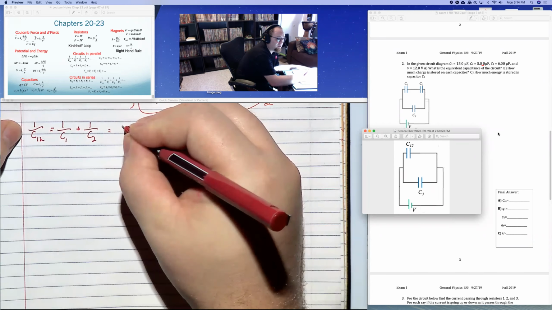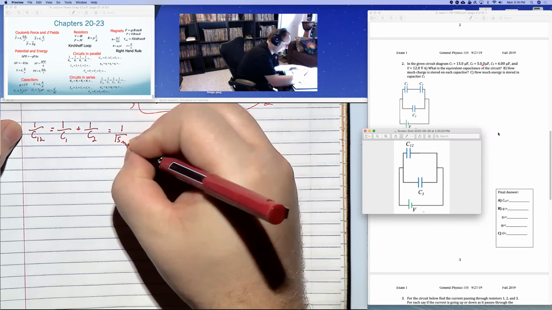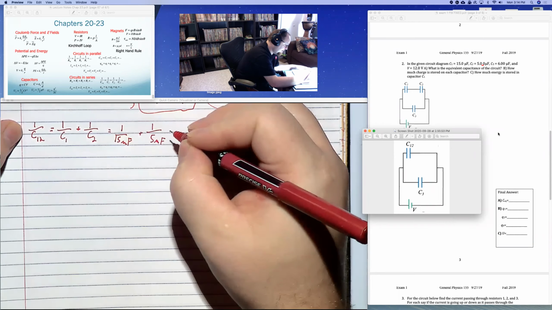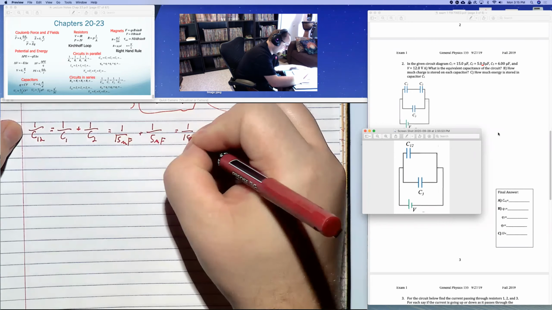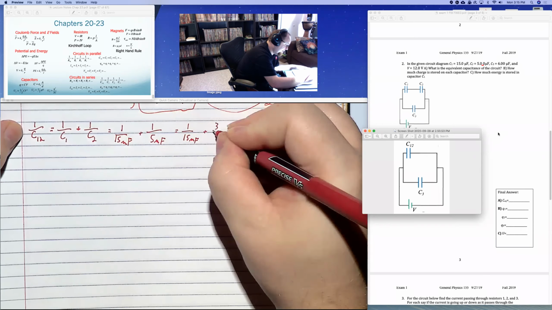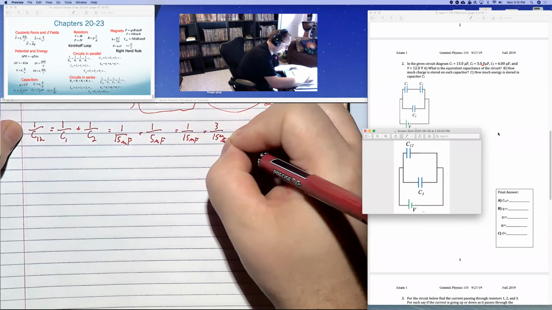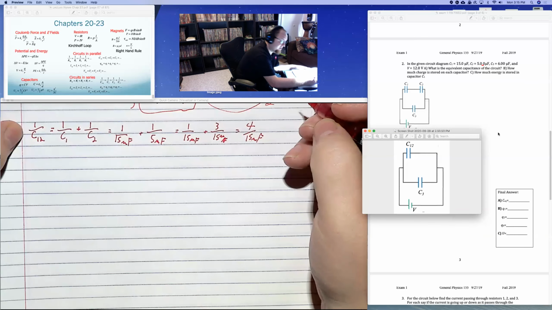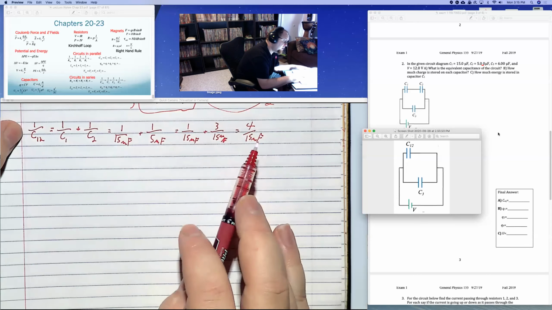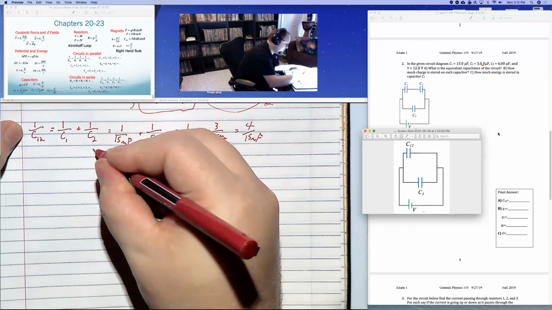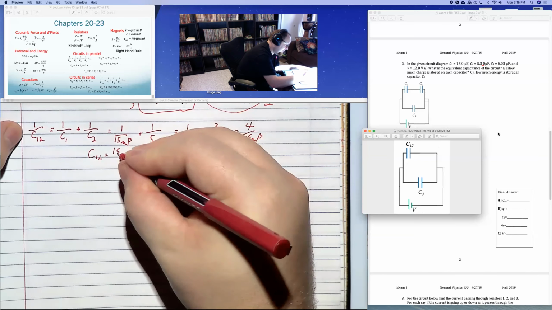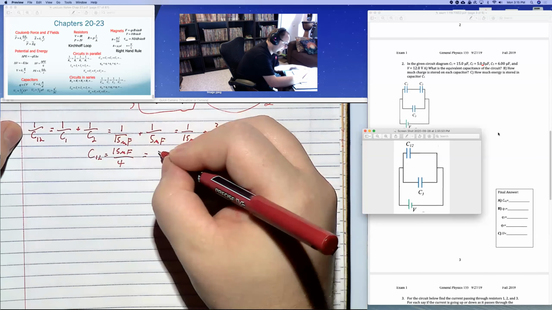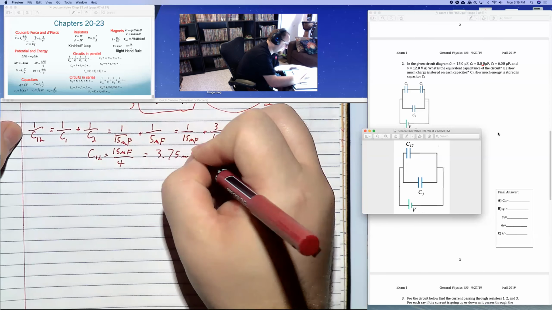It'll just be 1 over 15 microfarads plus 1 over 5 microfarads. 1 over 15. 1 over 5 is the same as 3 over 15, which is 4 over 15. Couldn't just make it to be a nice number, could I? But that's not C12, that's 1 over C12. So therefore C12 is 15 microfarads over 4, or 3.75.